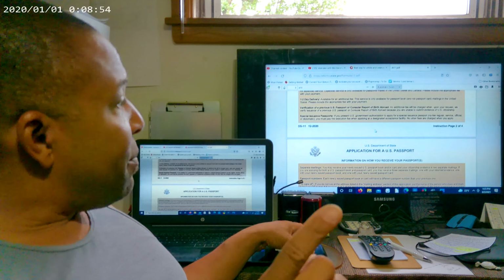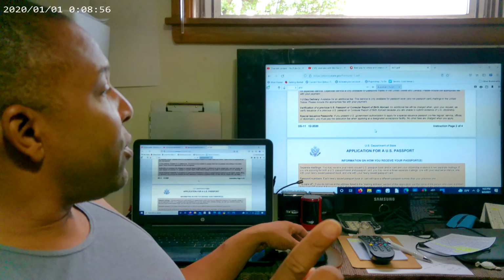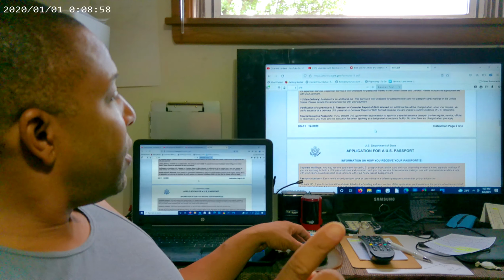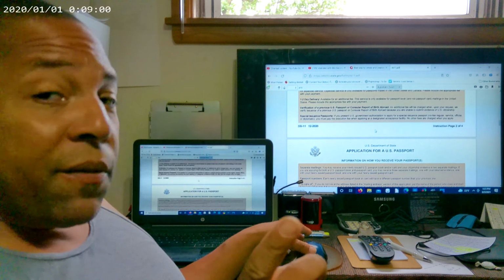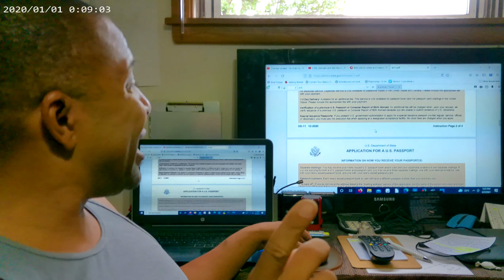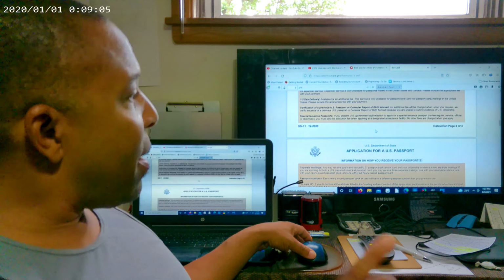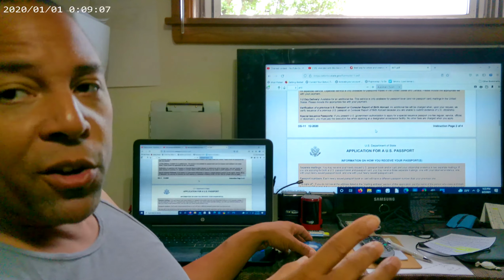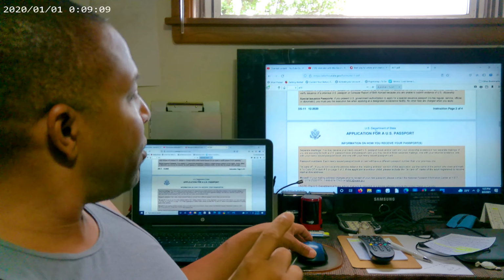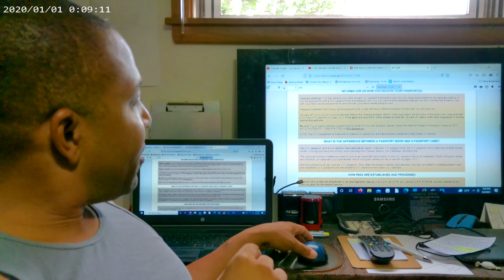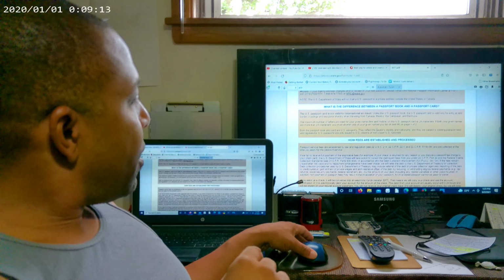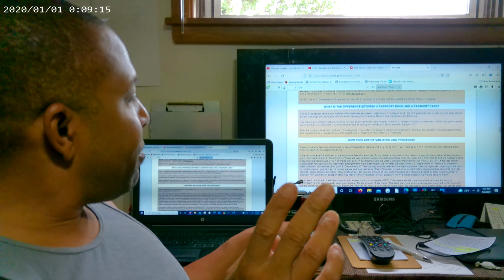Now it does talk about special issuance passports, which I don't believe they had before. So now they've got special issuance passports, or maybe they're just talking about if it's an emergency or something like that. But I think that's something new there. Then they're going to talk about separate mailings, how your fees are established and processed.